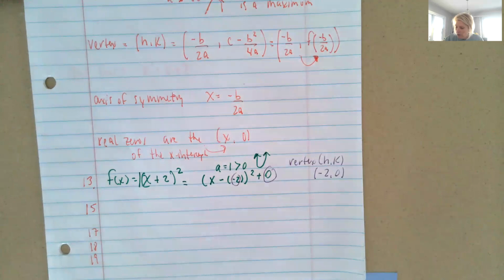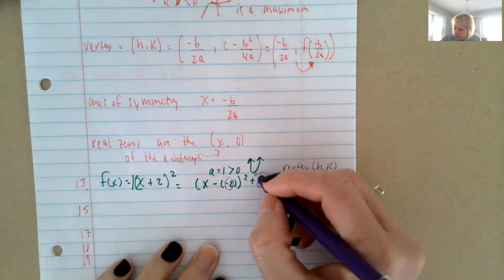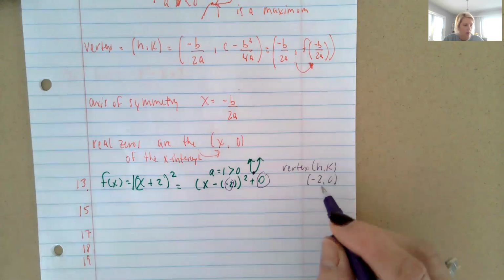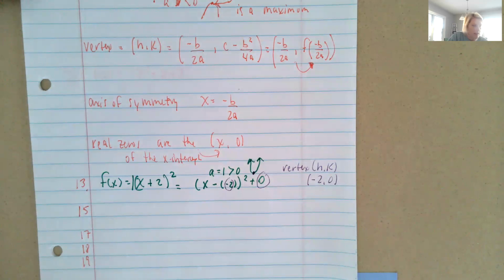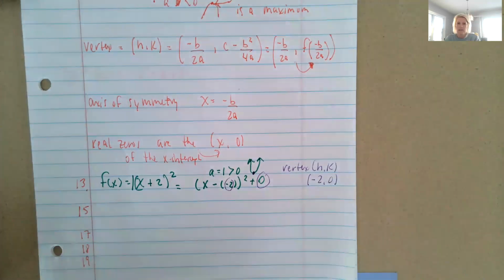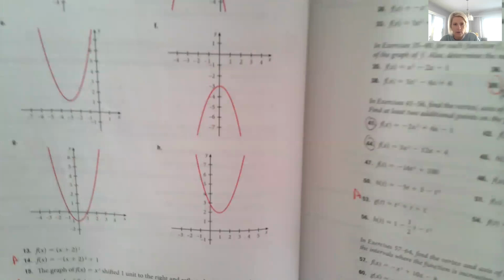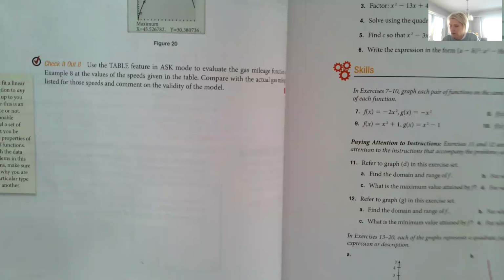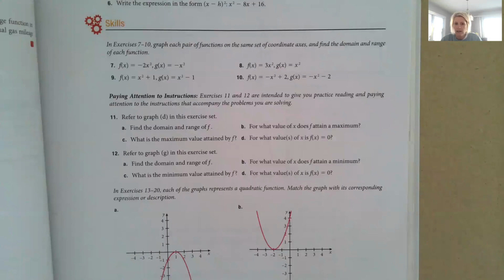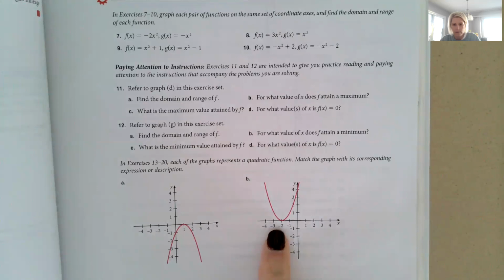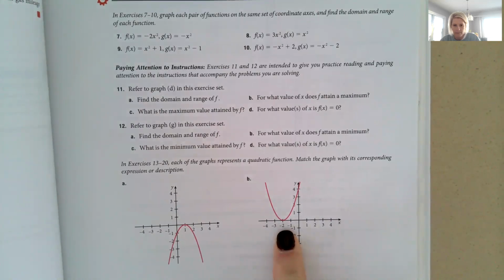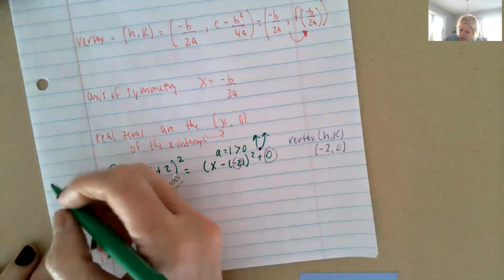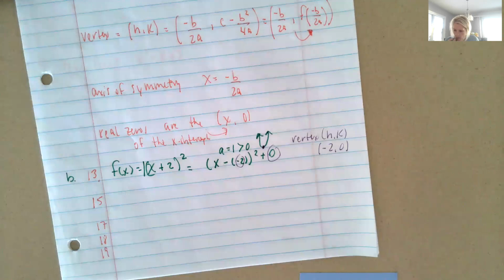Okay, so it comes down and it stops here, and my vertex is at -2, 0. So let's go ahead and look at, I'm just going to show the book this way. It's probably easier since it's right in front of me. So we're looking for a face up where the vertex is at -2, 0. And it looks like graph B on 221 matches that. So we've used graph B. So I'm just going to put that over here so we know we've used that one.